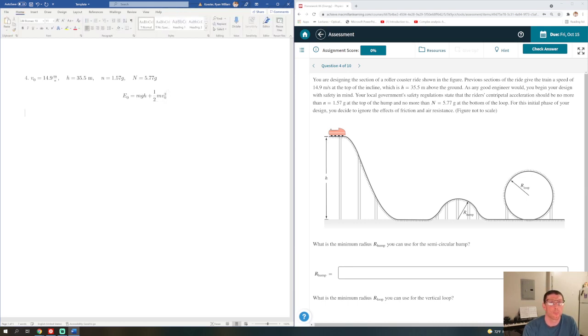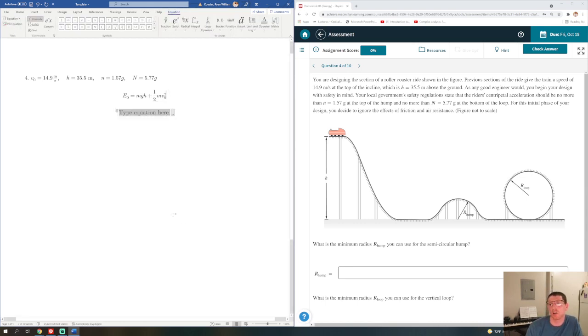Not so bad. Now let's call the energy when it's at the top of the hump here E1. Maybe I'm not mature enough for this, but I can't get over the fact that they call this a hump. They could just call it a half loop or something, right? But let's say that this is E1 here.